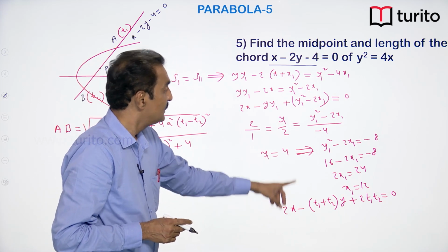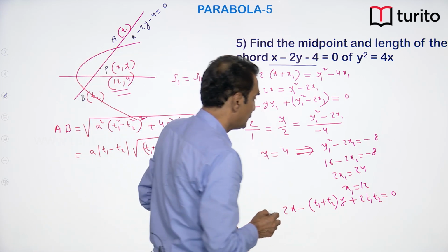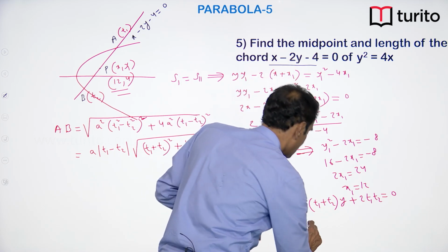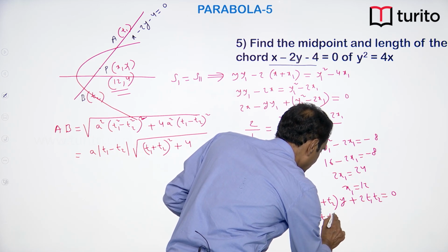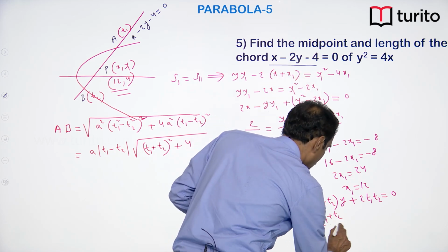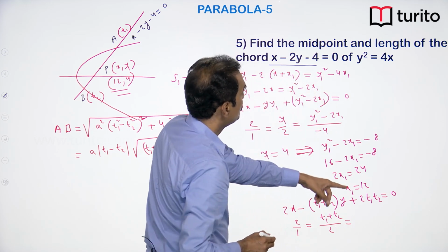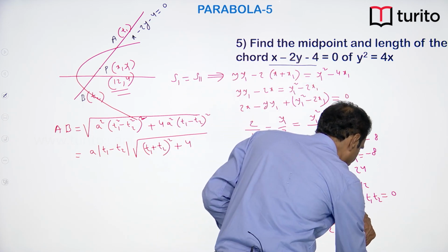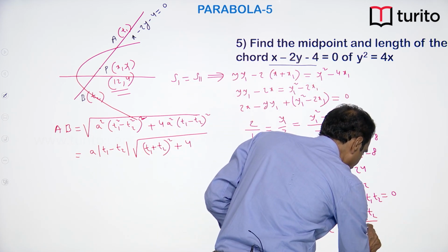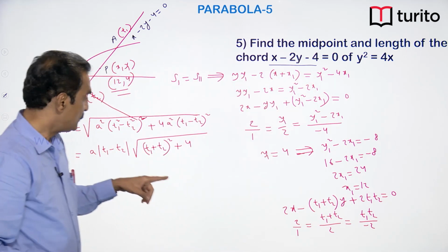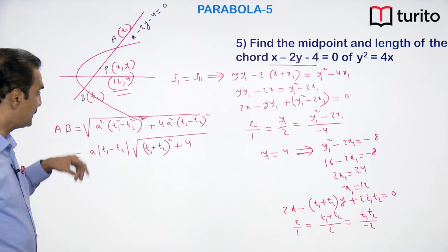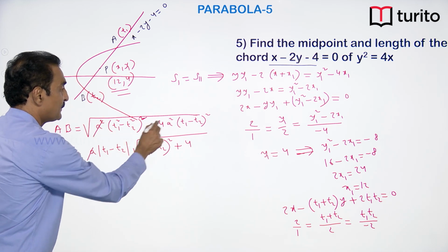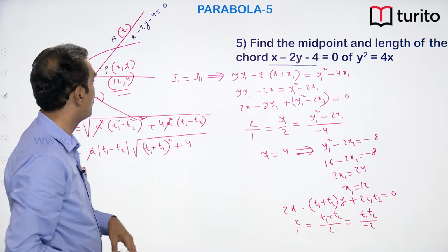Then compare them. What will we get? 2 by 1 is equal to (T1 plus T2) by 2 is equal to 2 T1 T2 by minus 4, which is T1 T2 by minus 2. Okay. Now, substitute here. A is 1. In the parabola, A is 1.